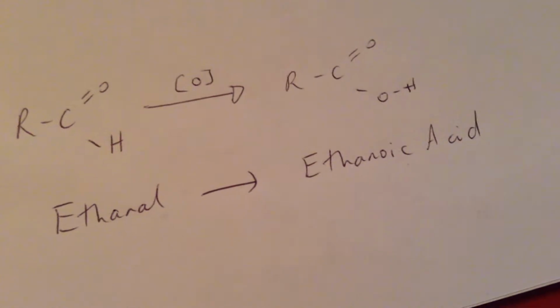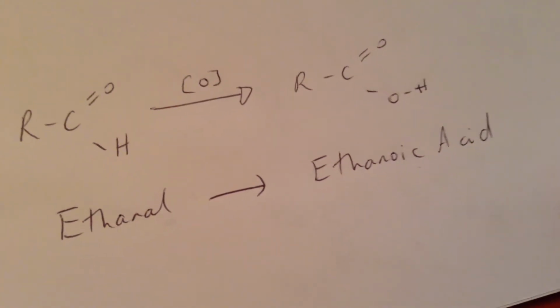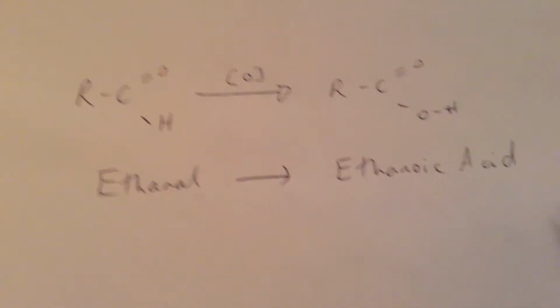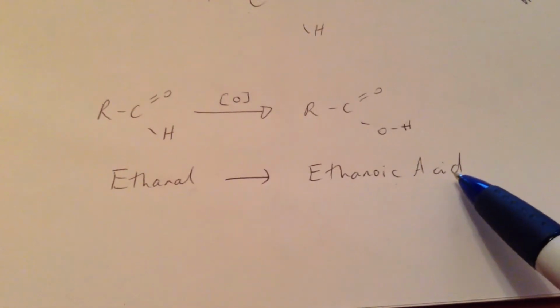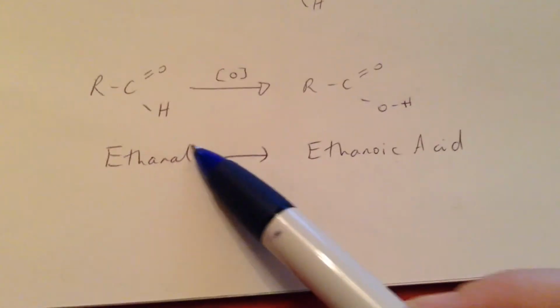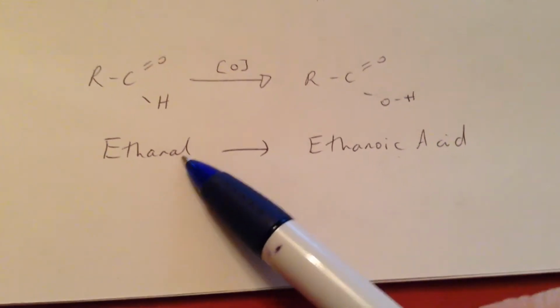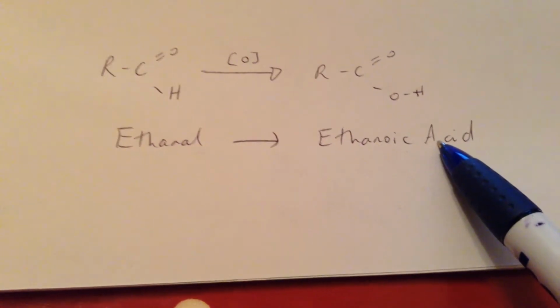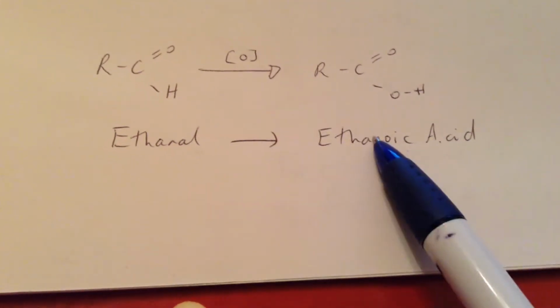If it was propanol, you would be making propanoic acid, butanol, butanoic acid, and so on and so forth. Pretty quickly in the lab, you would know that that had happened because you would smell it. So this one would smell sort of appley, like pear drops even, and this one would have a strong smell of vinegar. And you would know that the oxidation has happened.